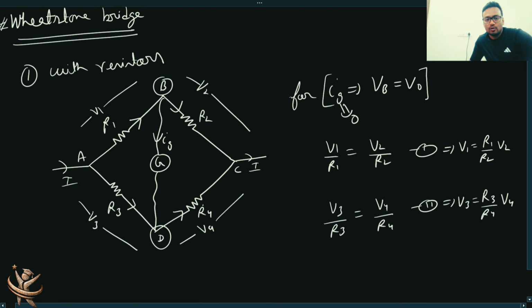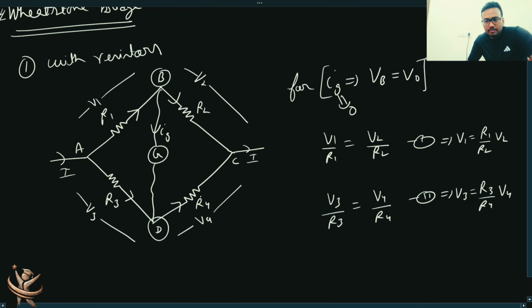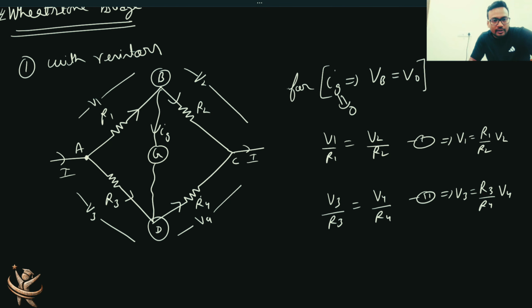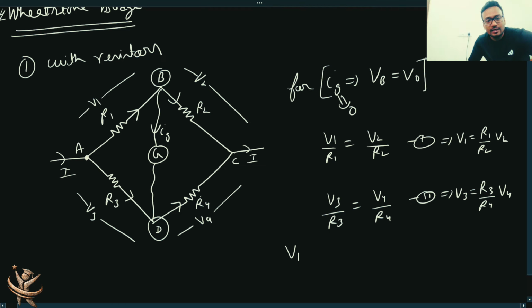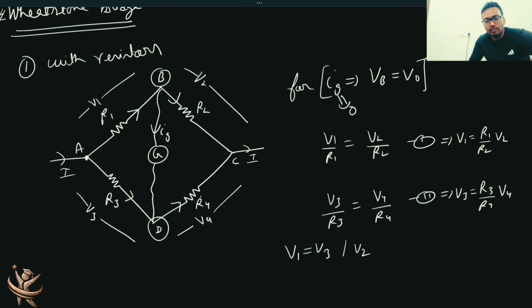Now you can equate them. Why? If you start from some potential here and go up to B, or go up to D, on both arms there is a fall of potential, but ultimately you are reaching the same potential at B and D. So we can say V1 must equal V3. Also, V2 must equal V4 on the right hand side.